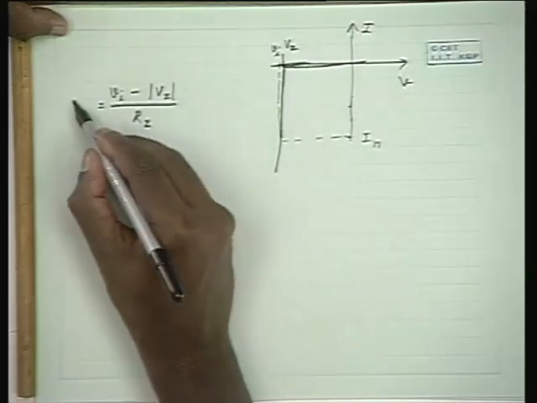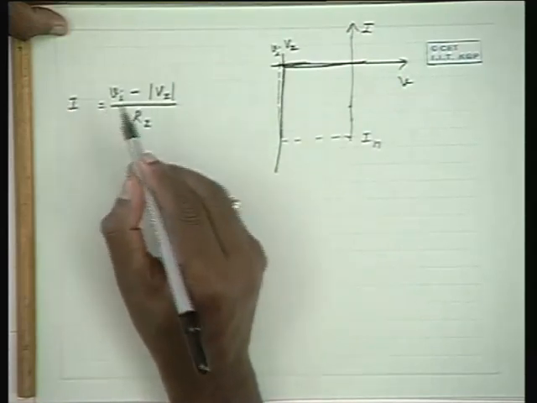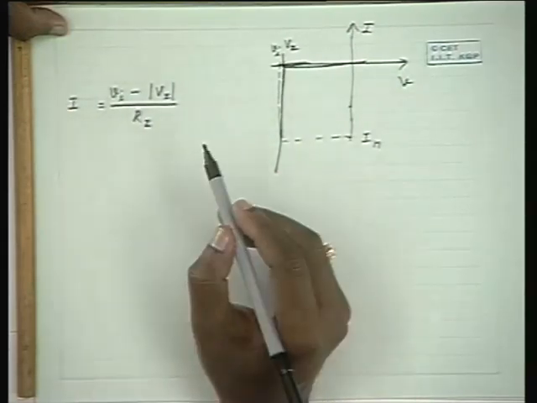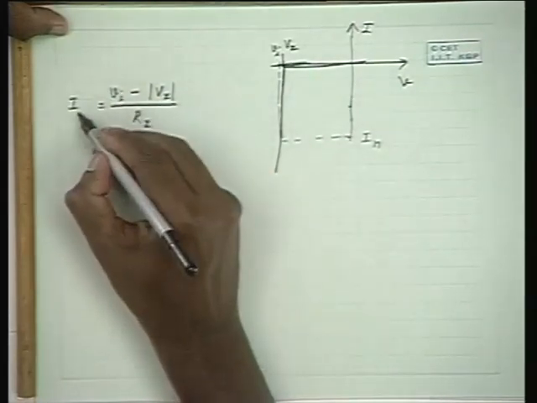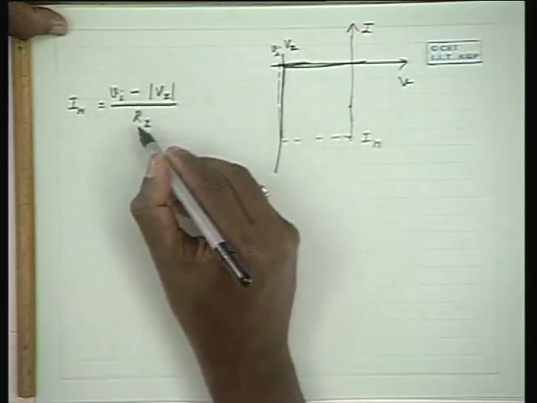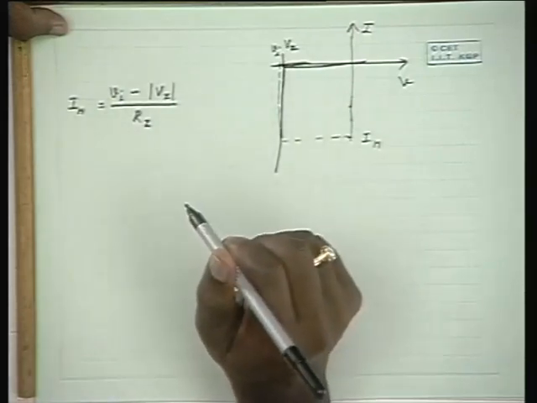So that is the current that is flowing in the opposite direction. So let me use this as IR equals Vi minus mod Vz by Rz. This is the expression.